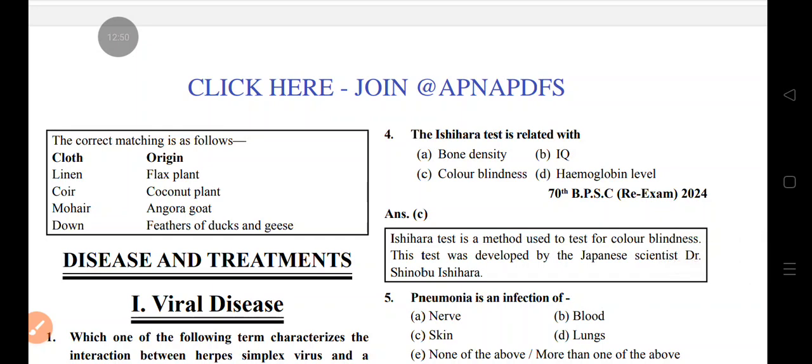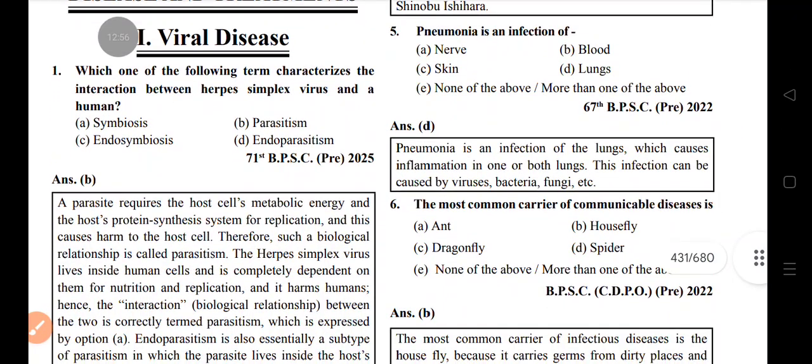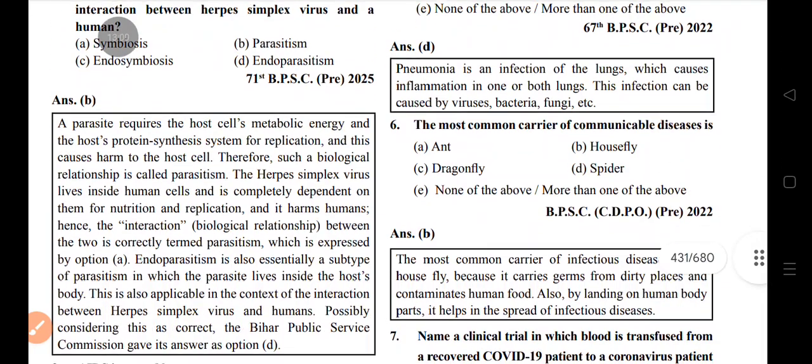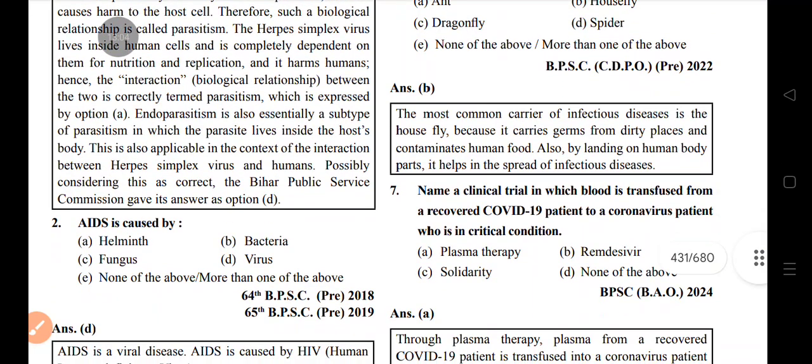Ishihara test is for color blindness. Pneumonia is an infection of the lungs. The most common carrier of communicable disease is the housefly.